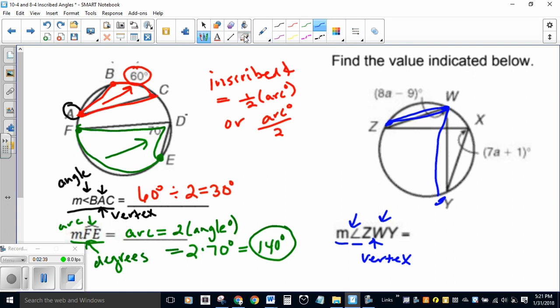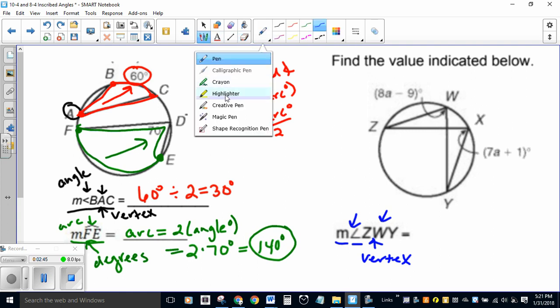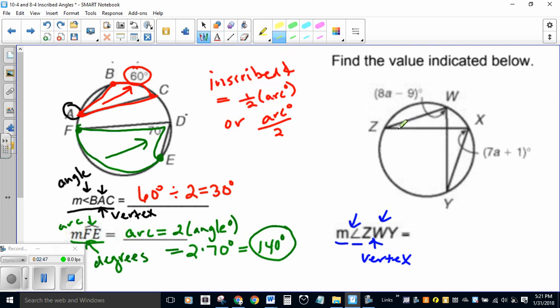So we're talking about this angle right here. So the arc that it has in common, if you extend it out, is this part right here, arc ZY. That's the arc that we're talking about.